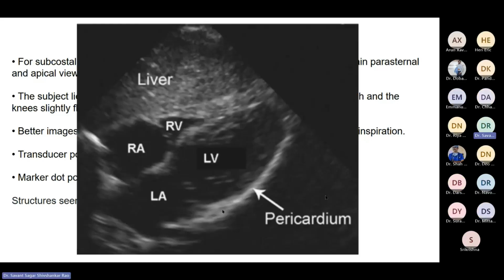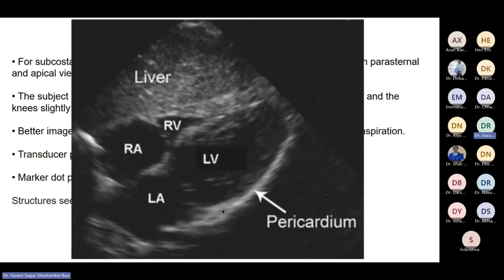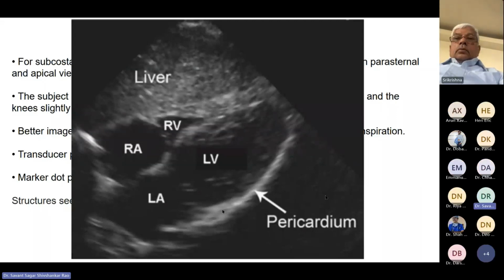This is one image in which we can beautifully see the interatrial septum, and we have to comment on atrial septal defect through this view, because in the four-chamber view, if we assess the interatrial septum, most of the time it is wrongly detected, or there are dropouts which are diagnosed as an atrial septal defect. In this view, the upper part is the liver.